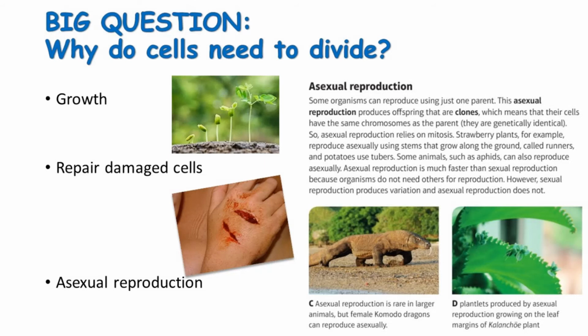Strawberry plants are an example of a plant that undergoes asexual reproduction. There are some animals that also can reproduce asexually, such as aphids, although this is less common. There are advantages to asexual reproduction, mainly because it is faster than sexual reproduction and because you don't need other organisms to reproduce. However, sexual reproduction produces variation and asexual reproduction does not.